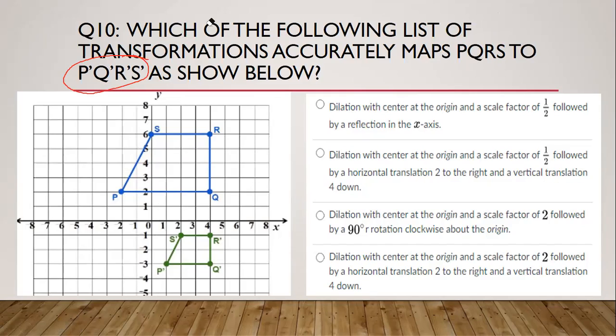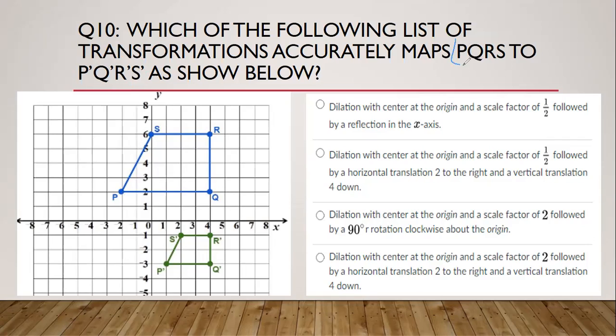Okay, so it's important to recognize which one is PQRS and which one of these is the prime, so pre-image and image. PQRS is our blue one here. And we can see that because of the points, right? They don't have primes there.